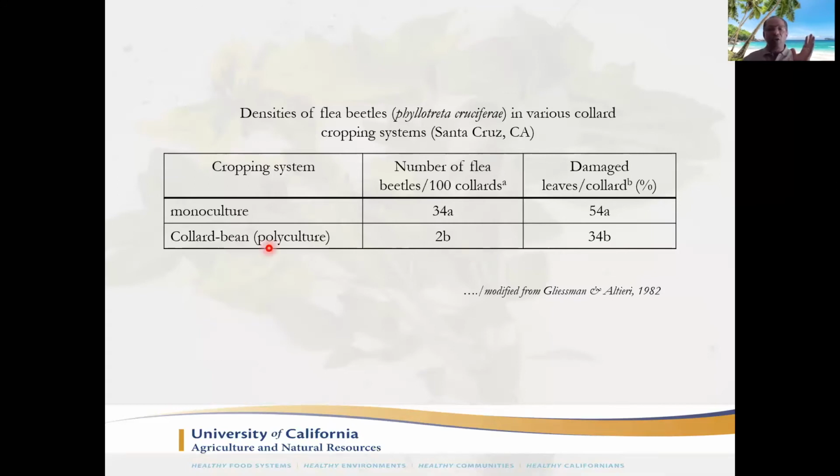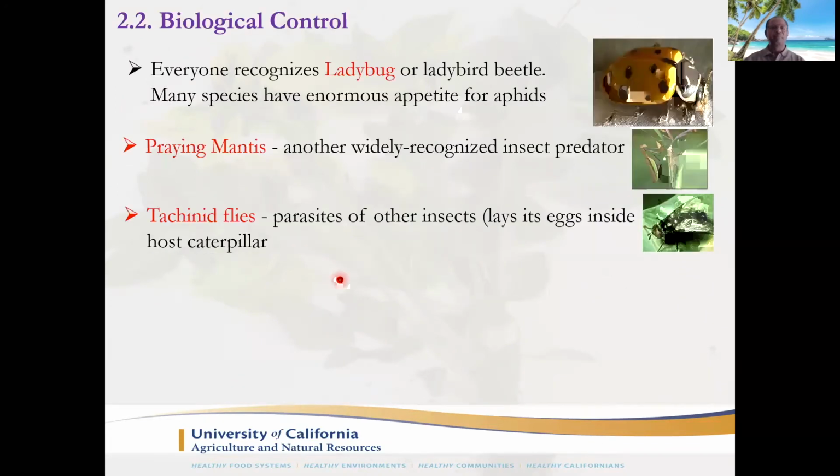But when there was polyculture, many plants, there were only 2 flea beetles. Which is actually a huge reduction by simply polyculturing or intercropping many crops in one field.